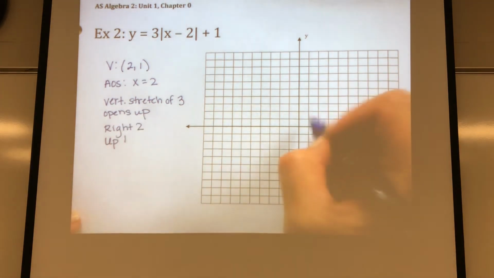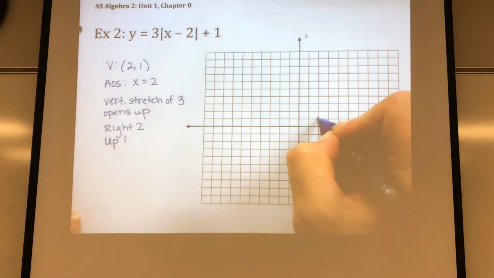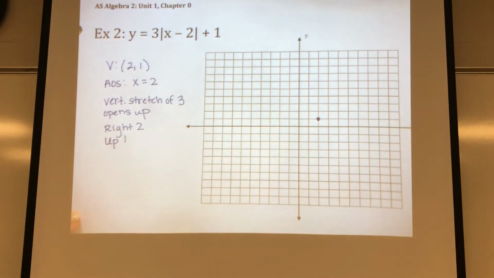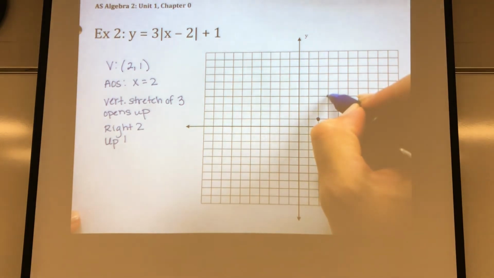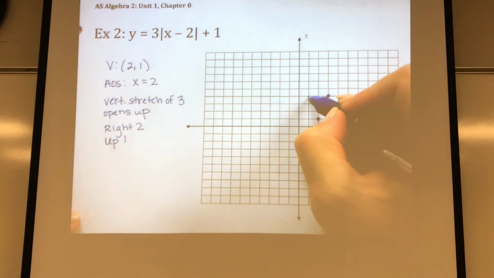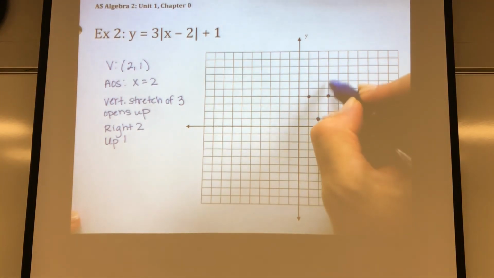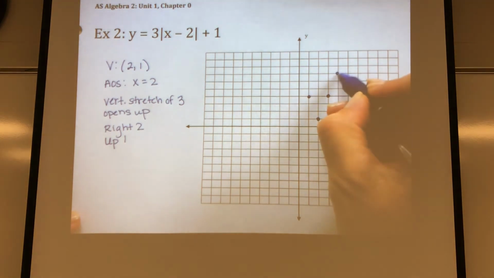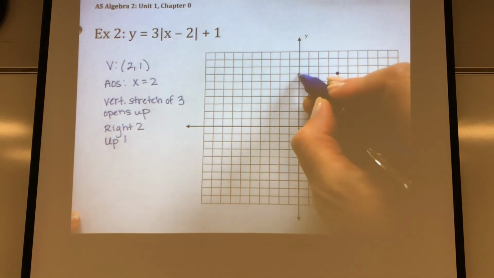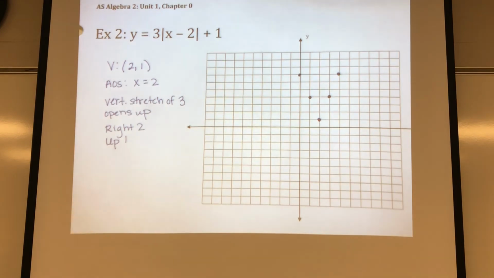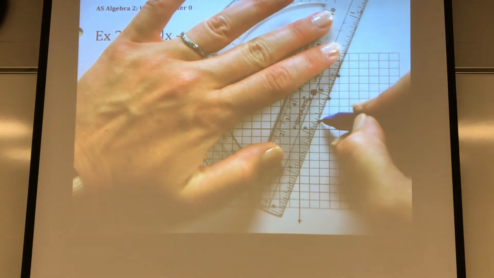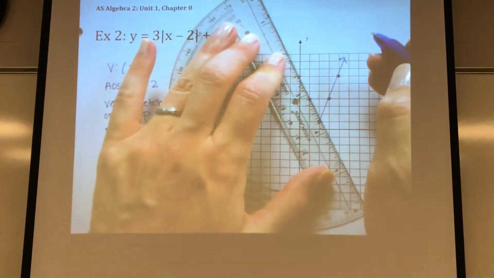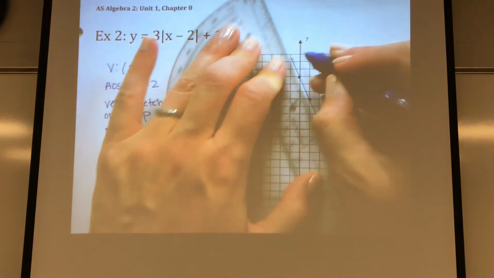All right, so if I put all that together, my vertex is at 2, 1. A vertical stretch of 3 affects my slope, so that means I'm going to go up 3 before I go over 1. Normally, a parent function just goes up 1 over 1, but with a vertical stretch of 3, we're stretching that slope out. That's our vertical stretch. Connect the points to get our pretty little V.